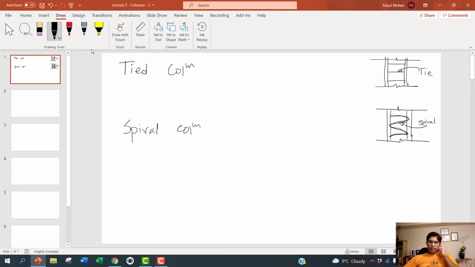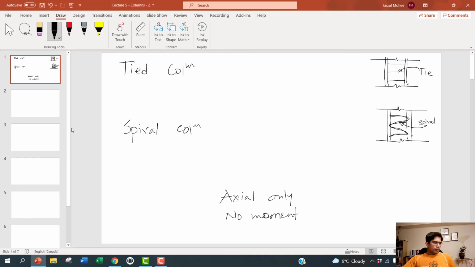As I solved one problem in the last class, I'm writing the equation. This is only for axial load, no moment. If there is only axial load and no moment, then these are the equations.